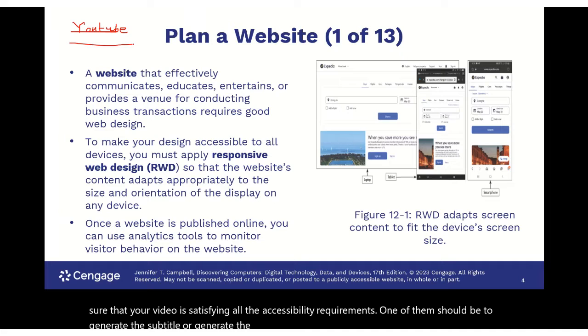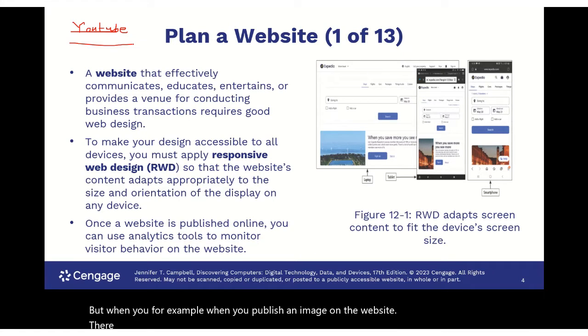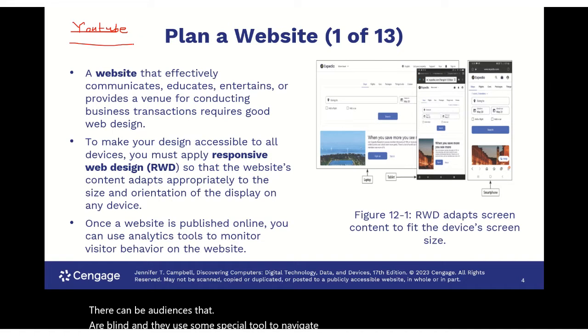But on a website, things are a little different. For example, when you publish an image on the website, there can be audiences that are blind and they use some special tool to learn and navigate through the web.